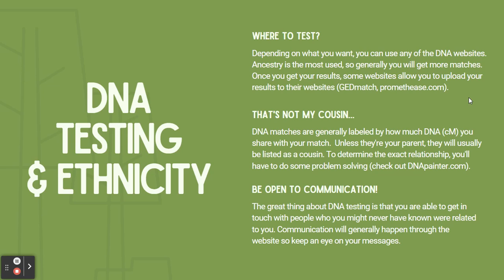So if you want to figure out how you're related to that person, you'll probably have to do a little bit more digging or get in touch with them, or you can do some different problem solving. So one website for this that's great is dnapainter.com. You can insert how much DNA you share, and it'll kind of give you a few different options on what their relationship might be.